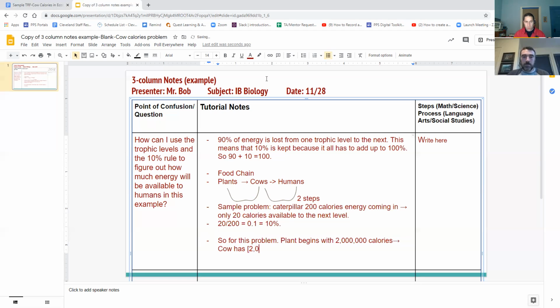It's going to be 2 million times the 10%, right? Available, because it's only 10%. So that's the same as 2 million times 0.1. I've got to do my calculator just to make sure. 2 million times 10%, 200,000 calories.